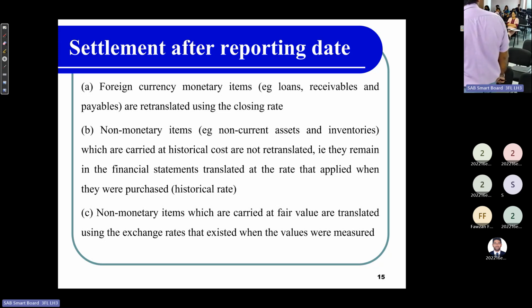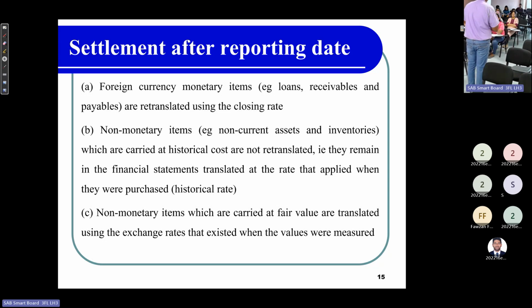When the values were measured, there is a fair value, and you need to take the exchange rate on that particular date. Let's say we purchase machinery from another country. Now there are two approaches as per the standard.